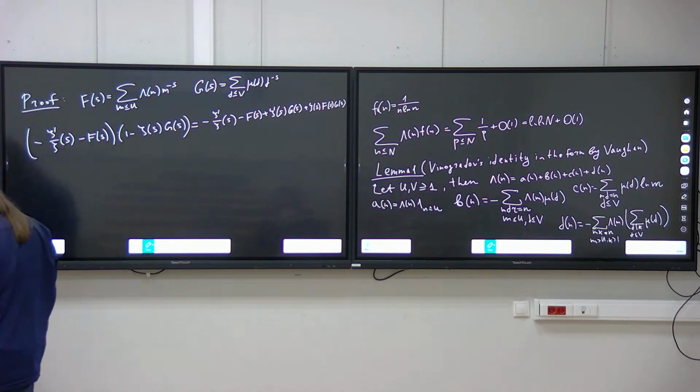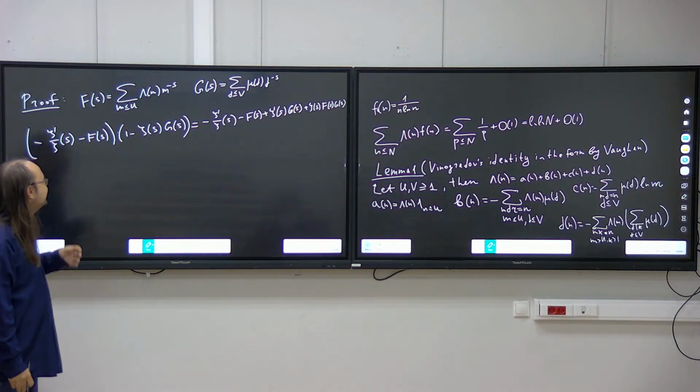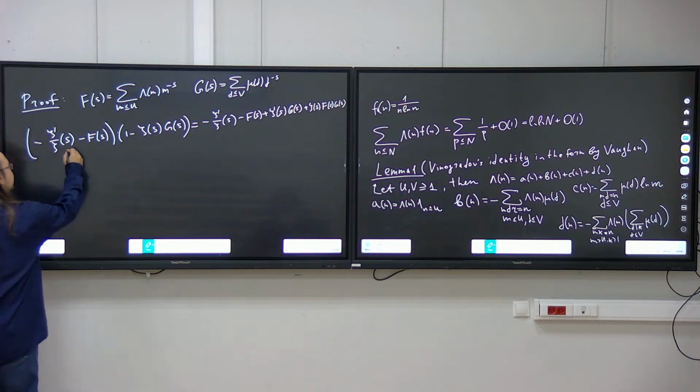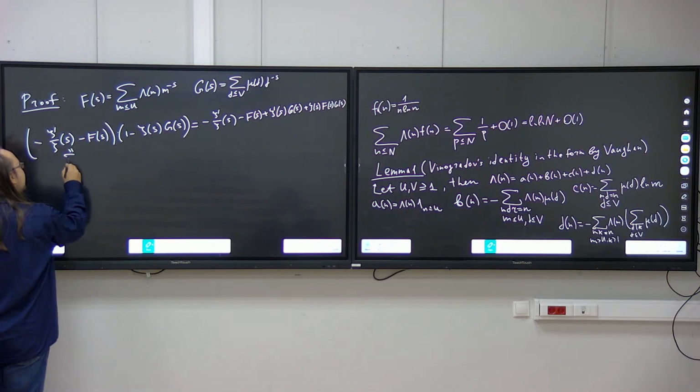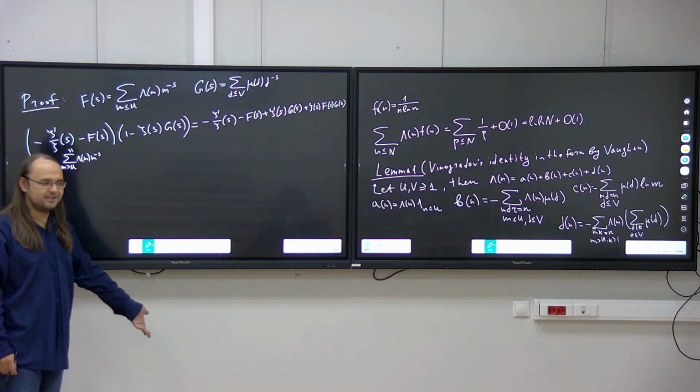Then what we're going to do with this one? Well, you see, this series here is equal to the sum over all m greater than u, lambda of m, m to the power minus s, right? Because you take a cutoff of your function and you subtract it from the whole generating series.